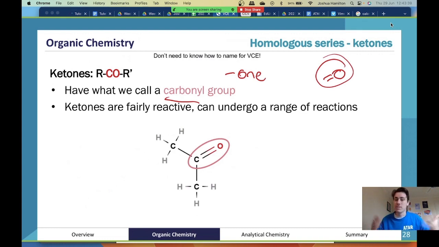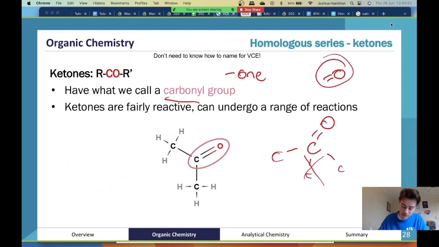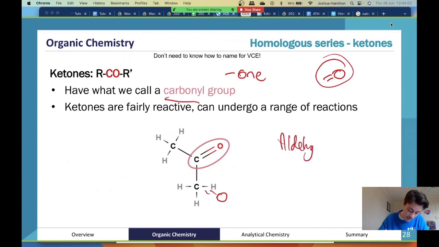Because it's got a double bond. Pretty simple. If I have a carbon with a double bonded oxygen, I can only maximum add 2 more bonds. I can't add a 3rd bond for 3 carbons. That's just wrong. It's just bad chemistry. It's a sin. So what's really important is understanding they can only be secondary, because if it's on the end, that's an aldehyde, and we'll talk about that in the next slide.